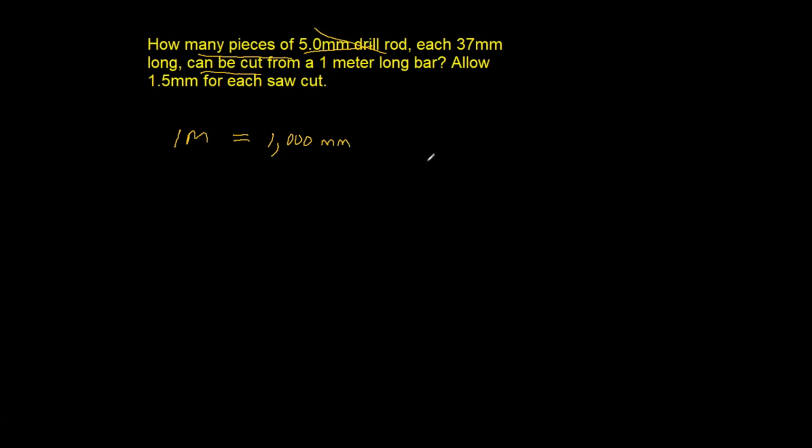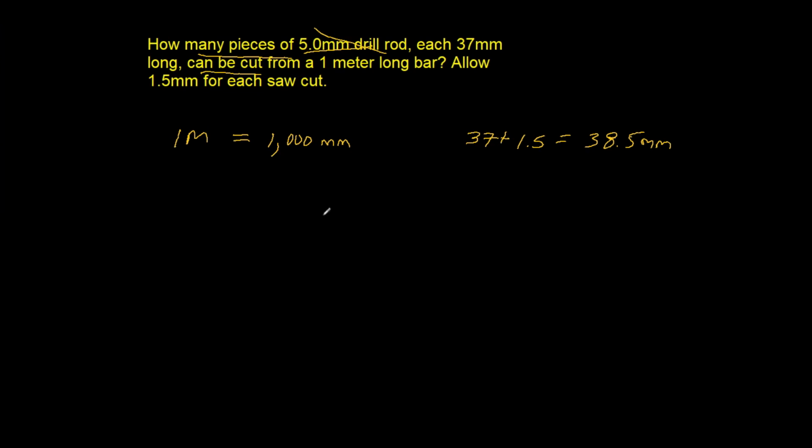So we want to know how many parts can be cut from a bar 1,000 millimeters long, and each part is 37 plus 1.5, or 38.5 millimeters long. So how many times will 38.5 go into 1,000?